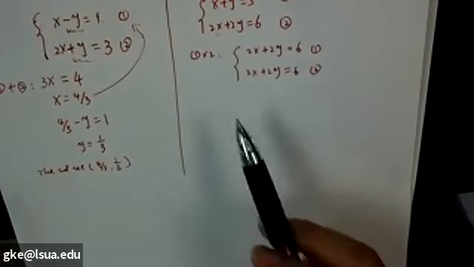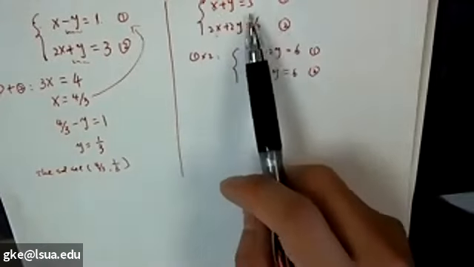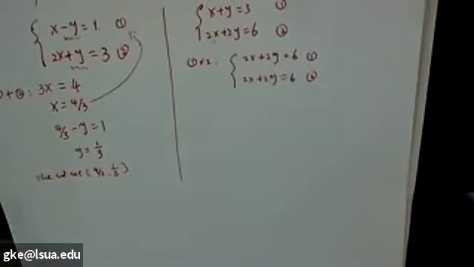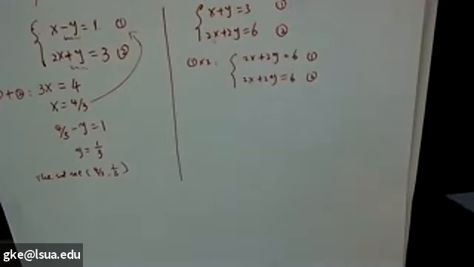If we let the first equation times 2 for both sides, we get a 2x plus 2y, 2 times 3 is going to be 6, right? We get exactly the same two equations.